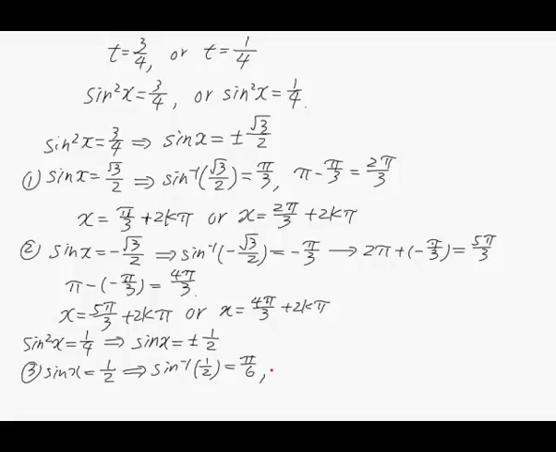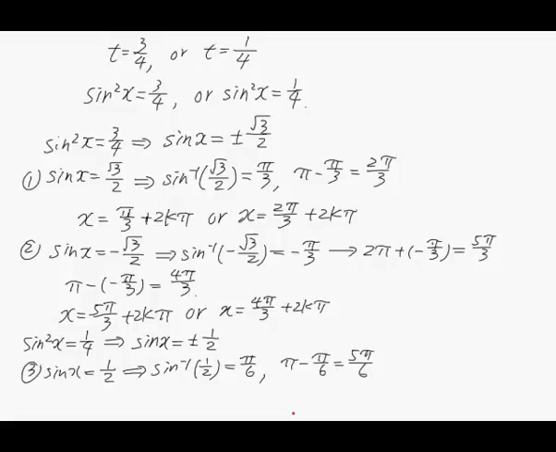Use pi minus the first special solution. So another special solution is pi minus this pi over 6. So try to remember to draw the unit circle, right? And the unit circle can help you to figure out two special solutions. Okay. So this is 5 pi over 6.